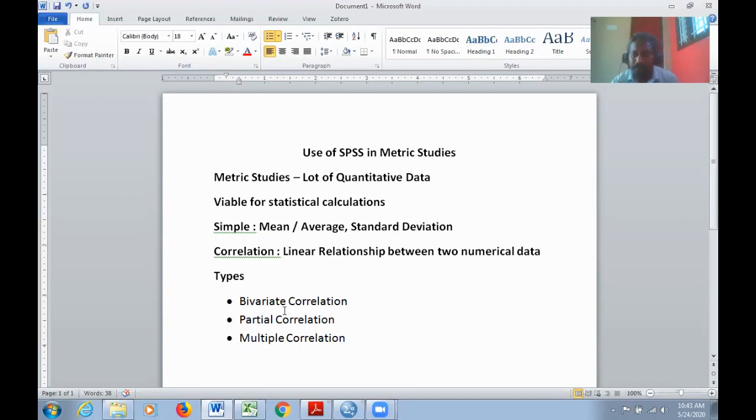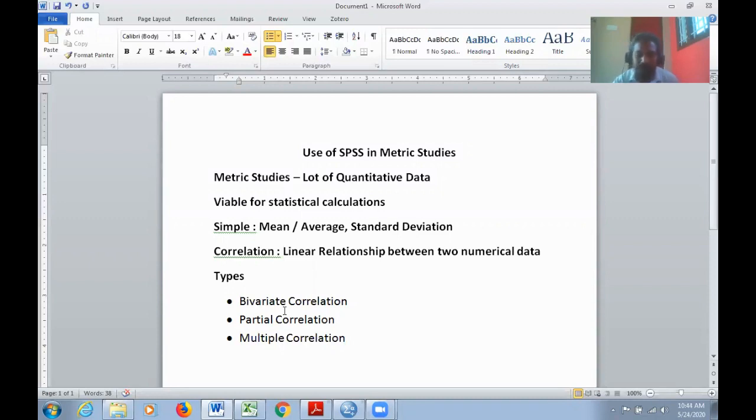Now you can conduct a bivariate correlation to find out the relationship existing between total papers published and total citations received. Or you can conduct a bivariate correlation between total papers published and total self-citations received.